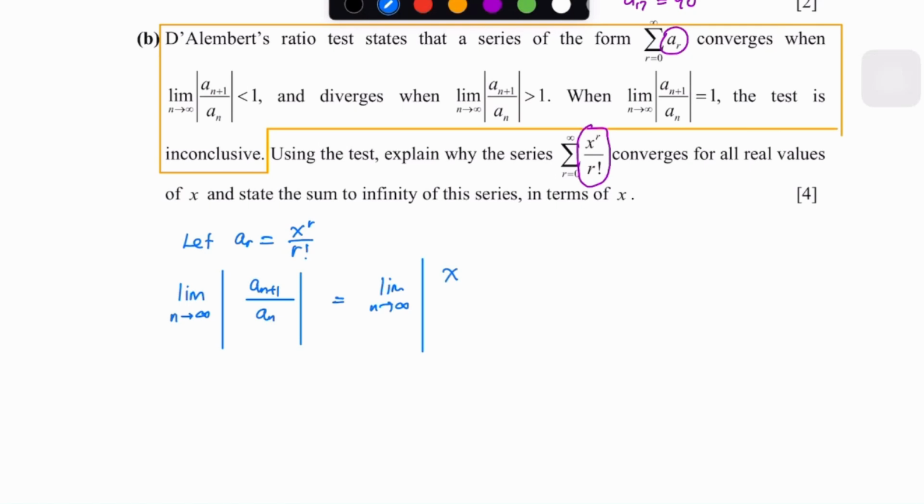So this will be x to the power of n plus 1 divided by n plus 1 factorial, whole thing divided by x to the power of n over n factorial. So this means that we are going to look at this fraction.